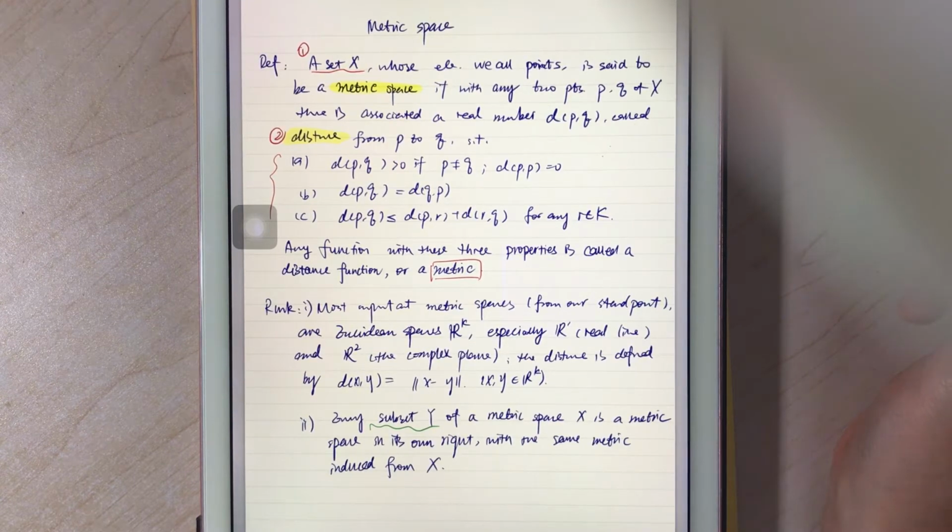Now we've already been given a subset Y, so we already have a set. The next thing is to find the metric, right? What is the metric of the subset Y? We just use the induced metric from the original set X. So the subset Y is also a metric space, and its metric is induced from X.